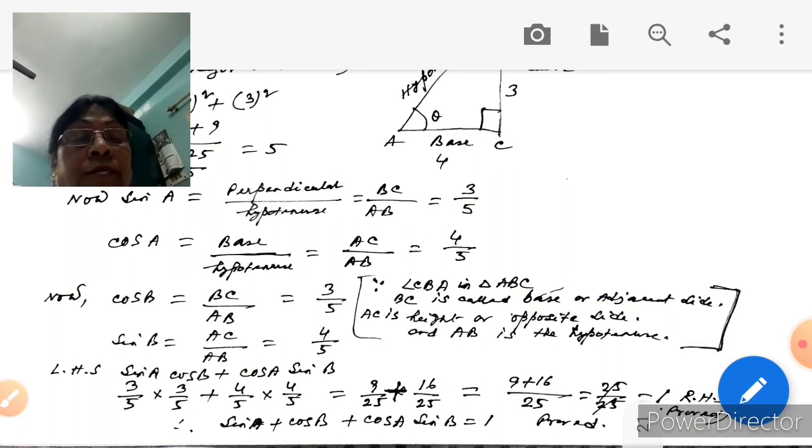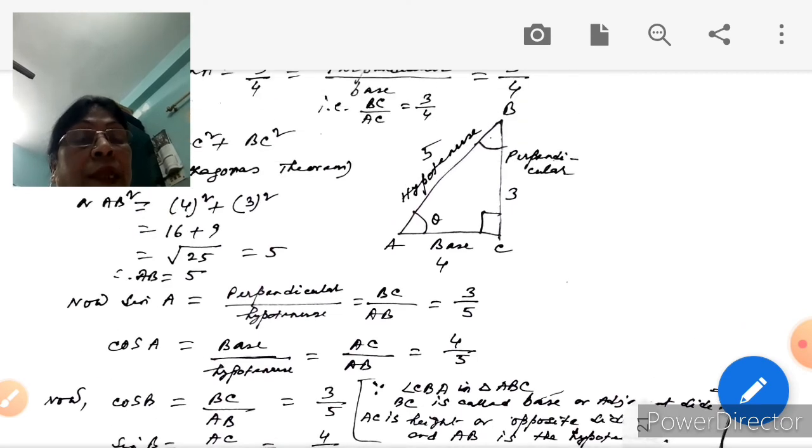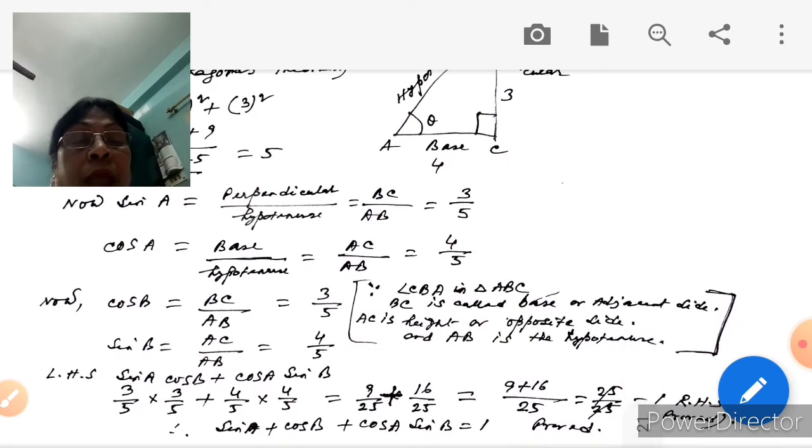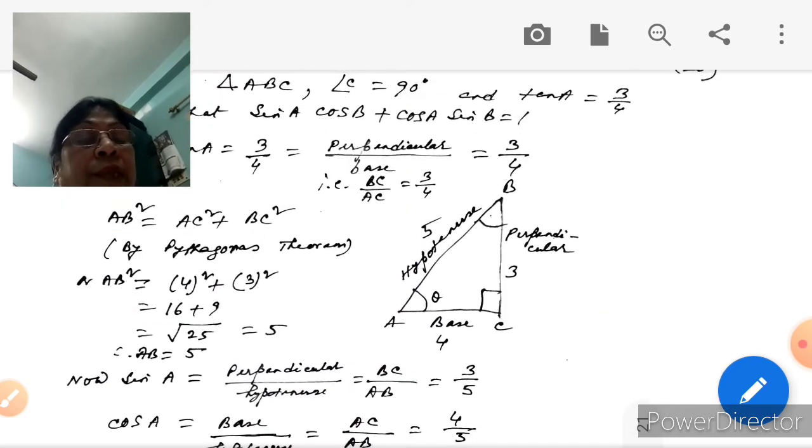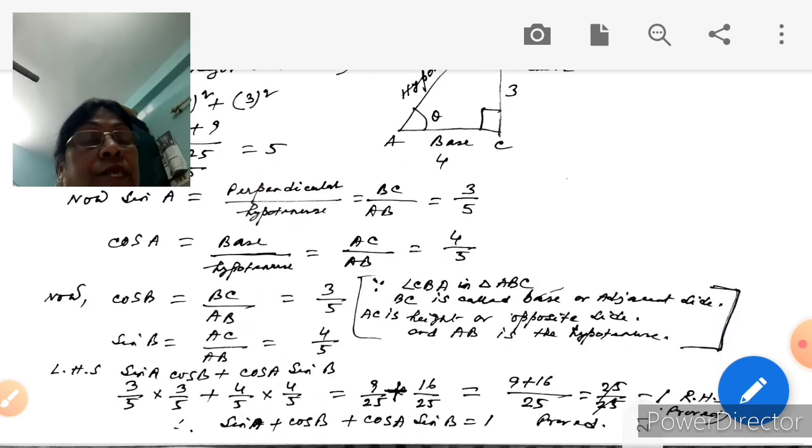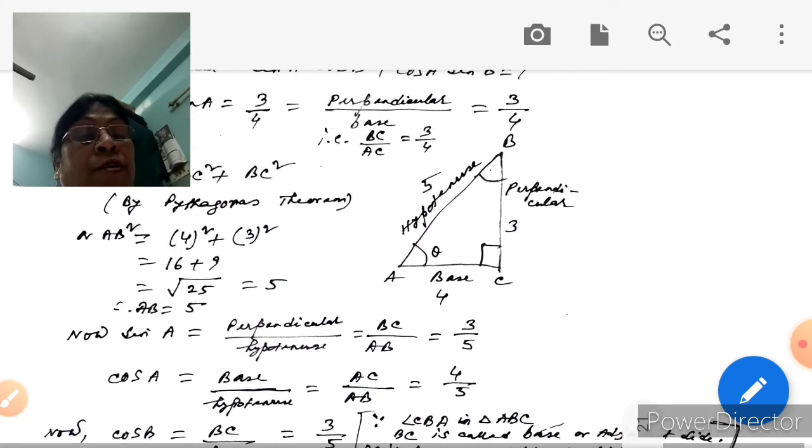Here base is BC and hypotenuse is AB, so cos B is 3 by 5. AC is height or opposite side, and AB is the hypotenuse, and BC is called base or adjacent side when you consider the angle CBA.